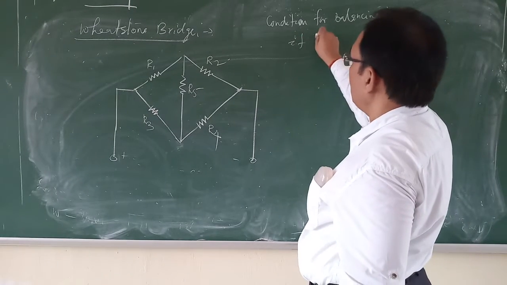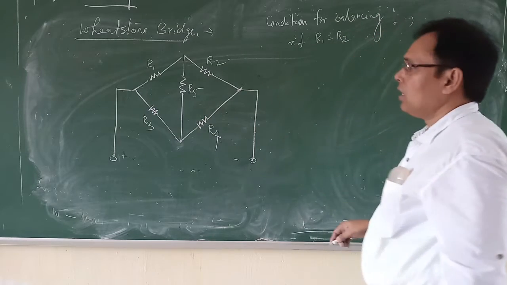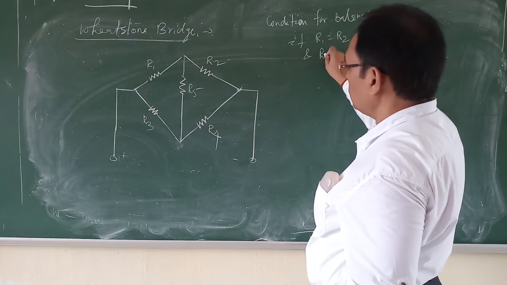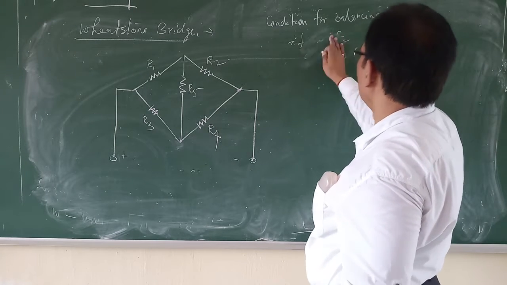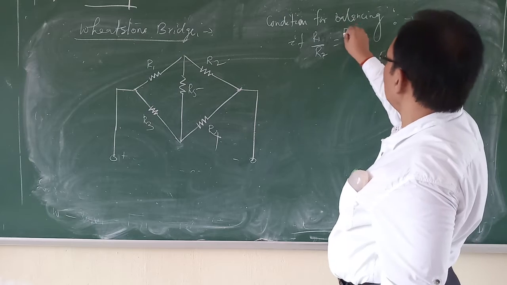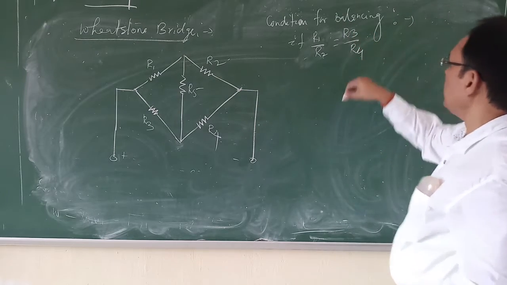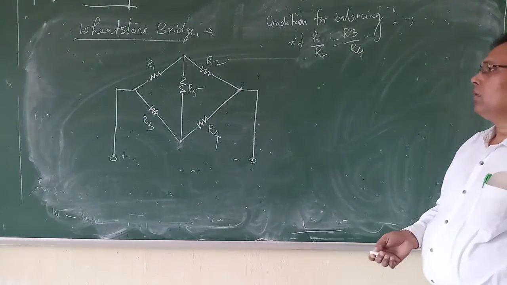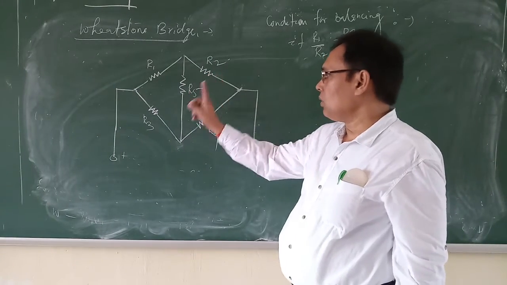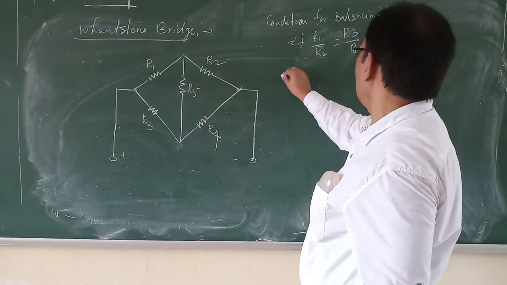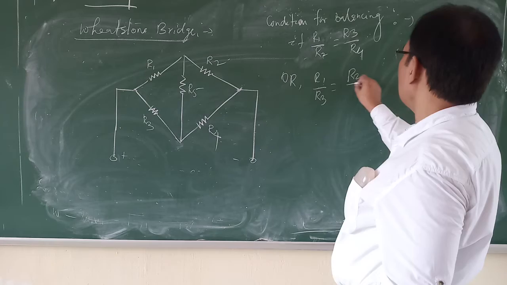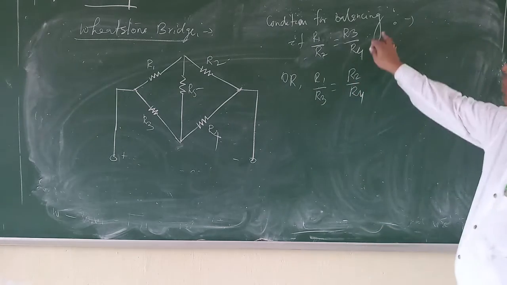If the ratio of R1 by R2 is equal to the ratio of R3 by R4, meaning the ratio of alternate arm resistance R1 by R2 equals R3 by R4, or you can write R1 by R3 equal to R2 by R4, either of these two.